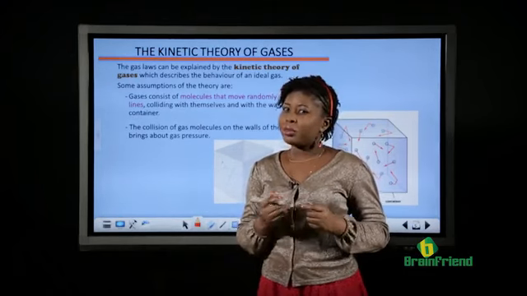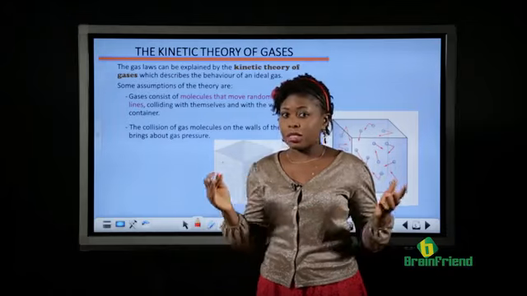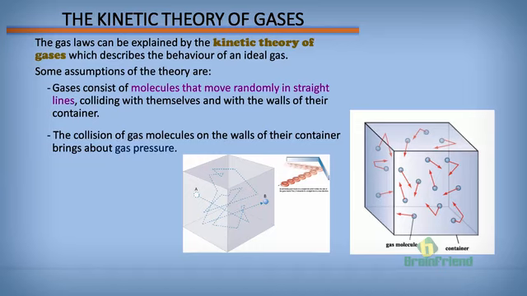But in reality, gases do not follow these assumptions 100%. But for the sake of what we study in the science world or for chemistry, it is good that we go with the assumptions given for a perfect gas. These assumptions were made for perfect gases, gases that are supposed to behave in a particular way under any condition.